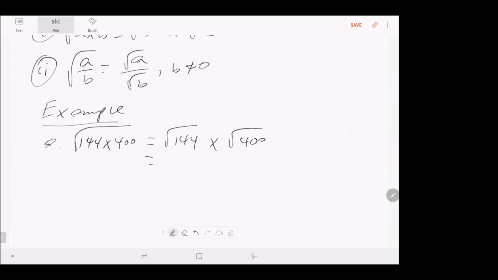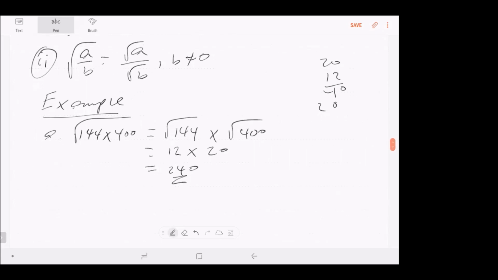So the square root of 144 is 12, and the square root of 400 is 20. When we multiply 20 by 12, it will be 240. So simply by applying the above property, we can calculate any expression.